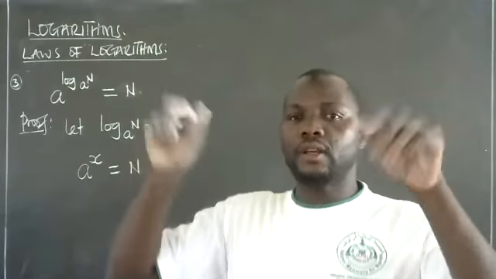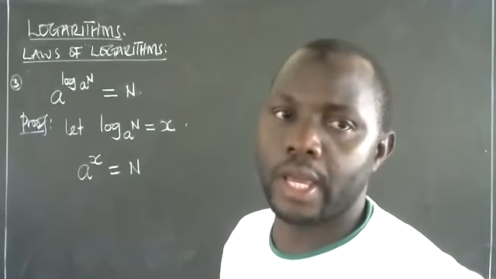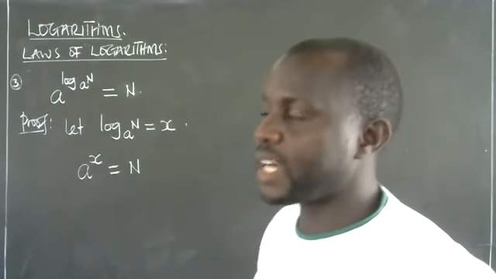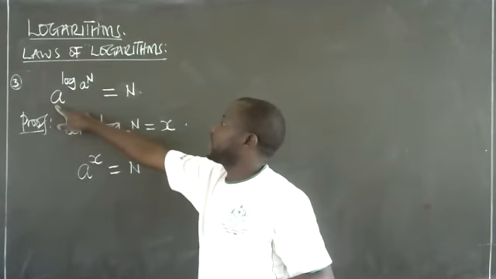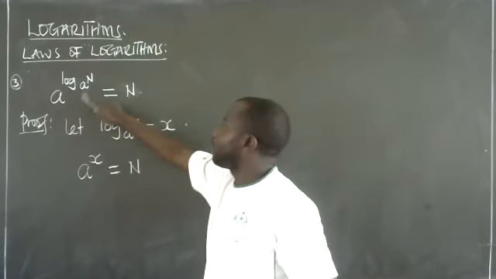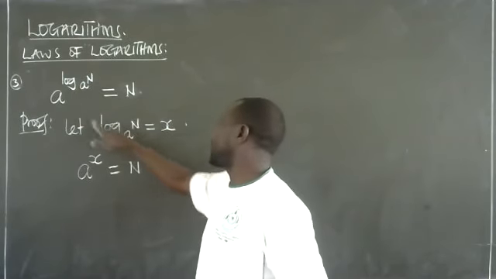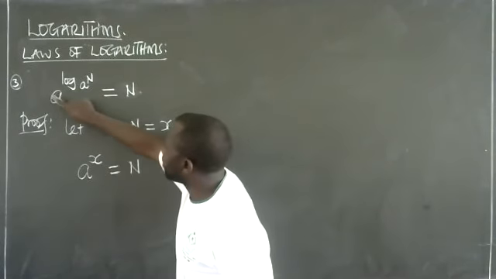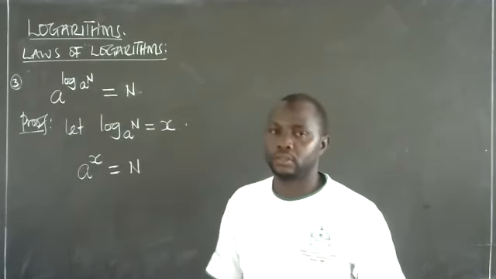Yes, teacher. I'm letting the complex power, the power which is log n to base a, the whole of that power be equal to x. Meaning that if I rewrite this statement, where there is the whole of this power, I can replace it with x because I have let x stand for all that. So it will now become a power x is equal to n.